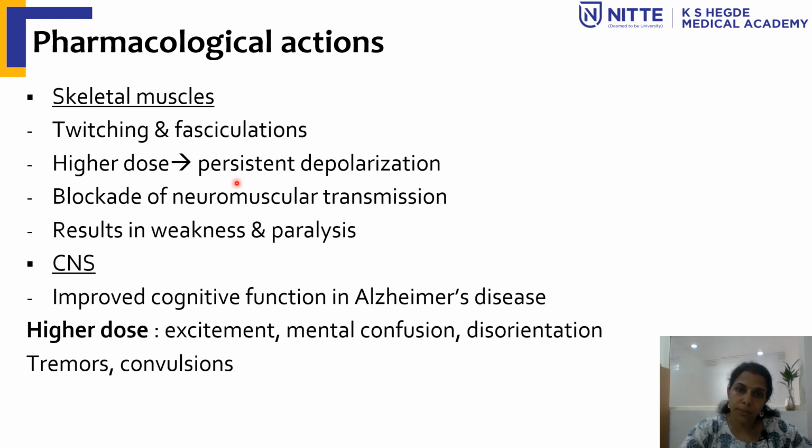A higher dose can cause persistent depolarization and blockade of neuromuscular transmission. All this results in weakness and paralysis of the skeletal muscles. In the central nervous system, there will be improvement in cognitive function, especially in patients with Alzheimer's disease. A higher dose may cause excitement, mental confusion, disorientation, tremors, and convulsions.